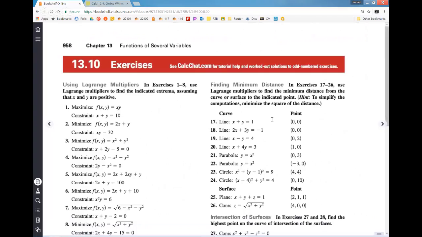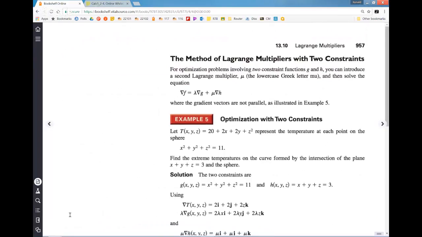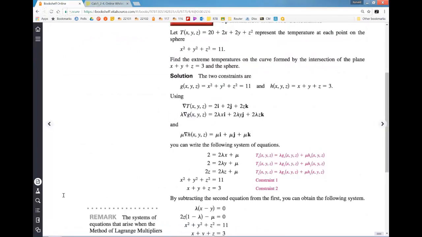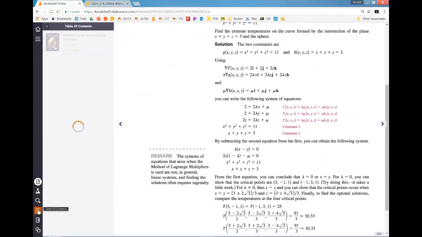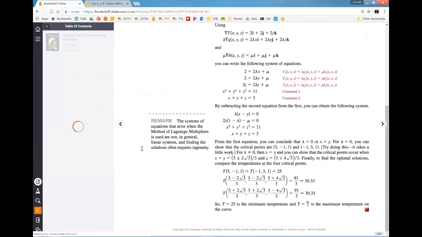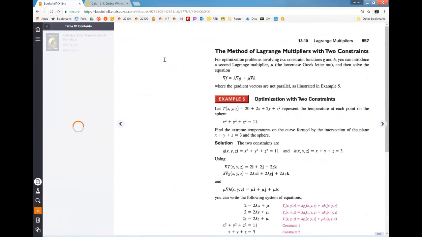I just leaned in the wrong place. Whoa. Went to a totally different place. Let me see if I can get back here. That was not so good. I lost my page numbers, so I can't see them. Wow. So all of a sudden I'm on page 957.